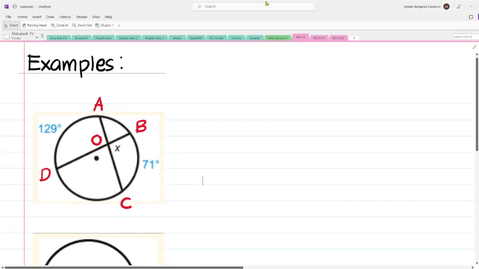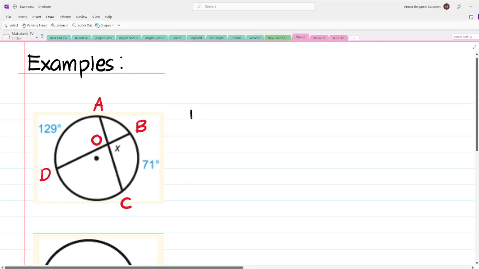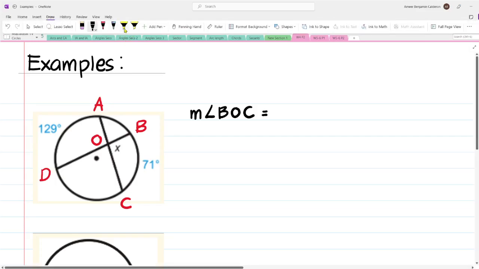So we are looking for the measure of angle BOC, since x is right here. As what we have found out in the concept, that is half the measure of the intercepted arcs. Where are the intercepted arcs of angle BOC?